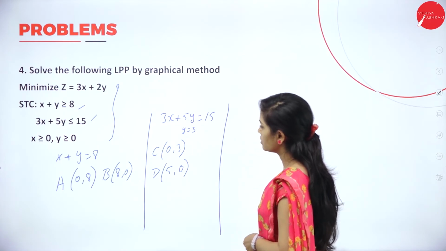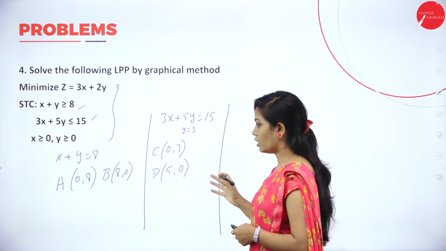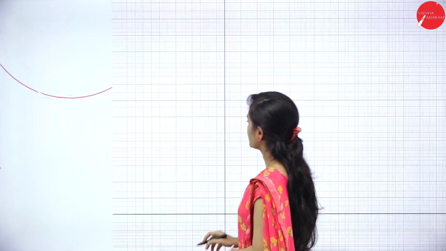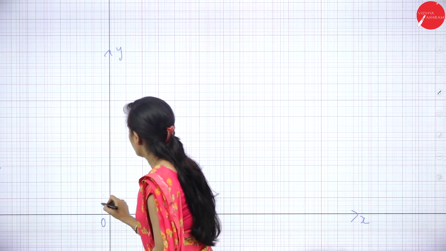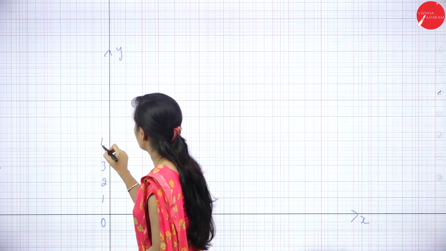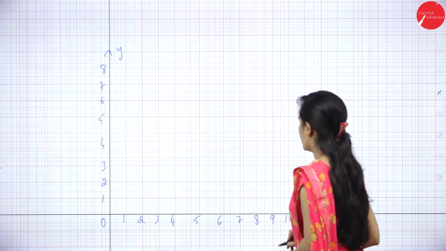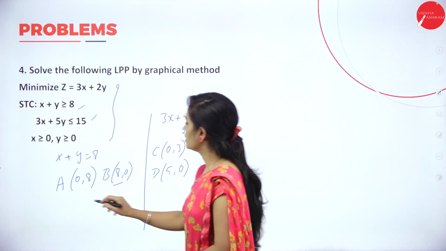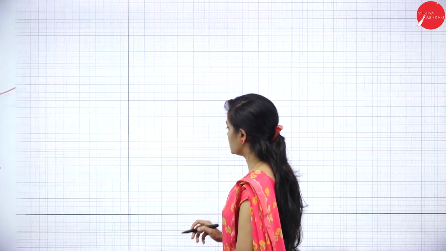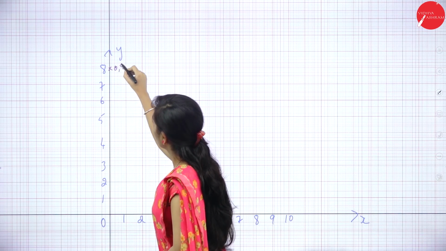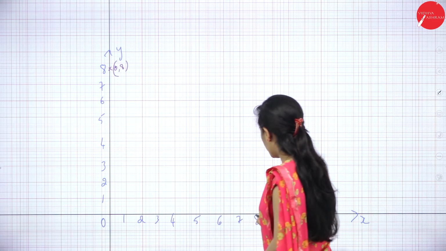First see the highest value, the maximum value is 8. So I will take 1, 2, 3, 4, 5, 6, 7, 8. Now the first points are (0, 8) and (8, 0).